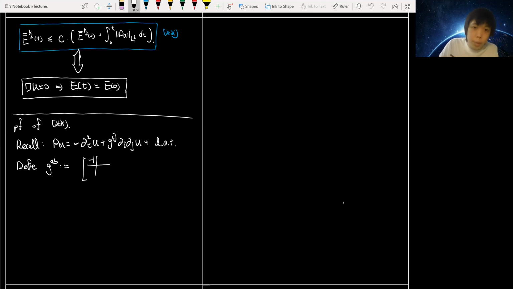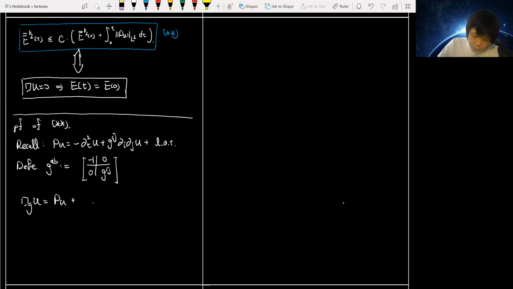It is -1 in the dt direction, and for the space directions, that would be simply g_ij. Then the corresponding box operator coincides with P to the top order, plus lower order terms.